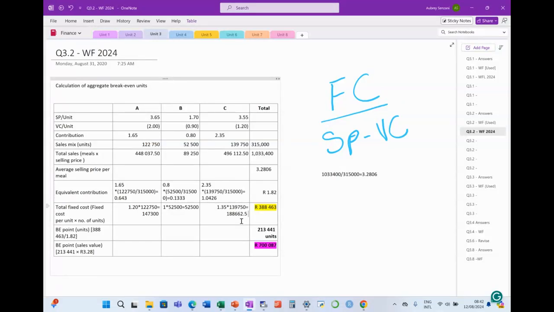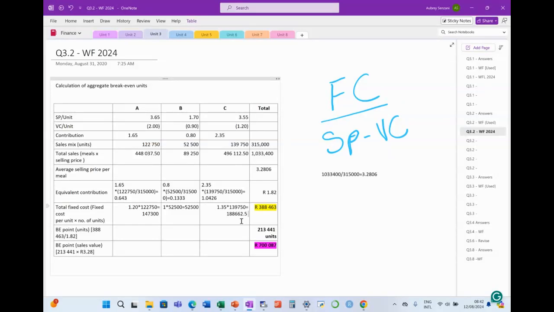So now we have our total fixed costs. To get our aggregate break-even point, meaning across all our products, remember our formula is fixed cost divided by your selling price minus your variable cost, in other words your contribution margin.